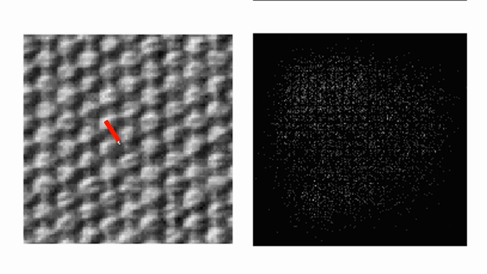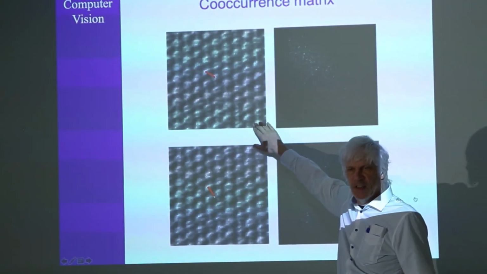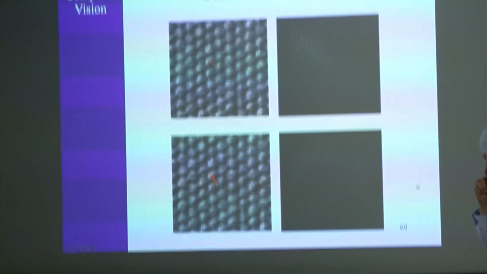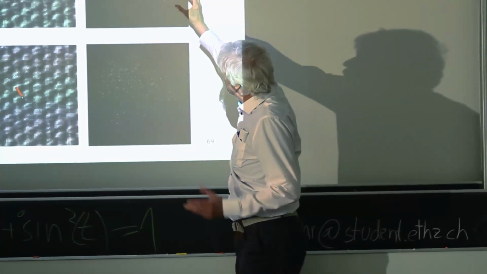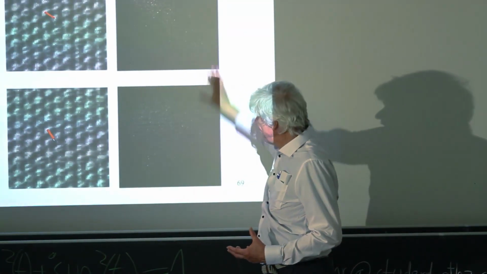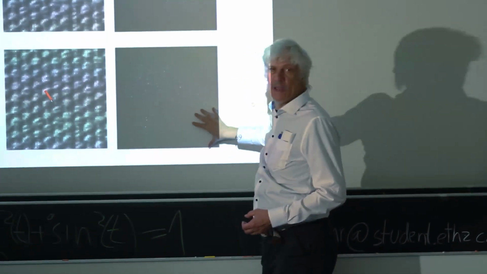But the only thing I want you to pick up from this example, first of all, you don't have a perfect diagonal matrix here because also the periodicity is of course not perfect. These periods change a little bit from one to the next. But the second thing is that if you have a period, you get this kind of clustering of high values around the diagonal, an effect you don't have if you take a vector that's not a period.